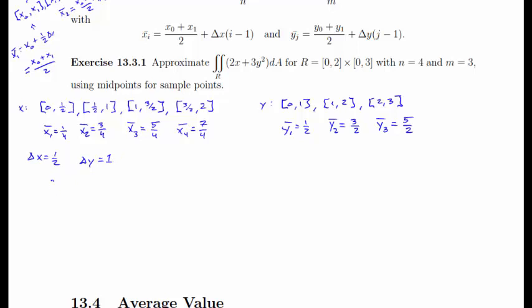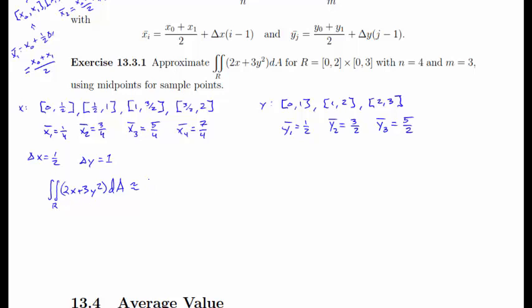So the double integral over our region of 2x plus 3y squared dA is approximately going to be, well, the z values of all the rectangles are given by 2x plus 3y squared.